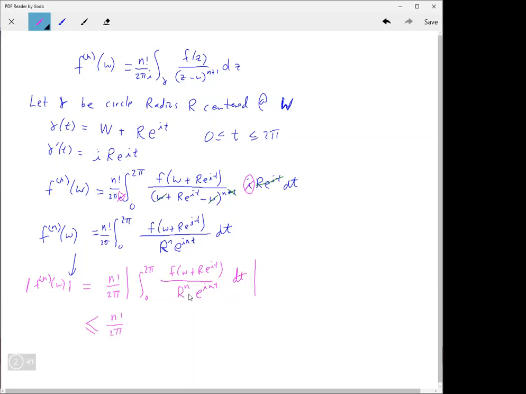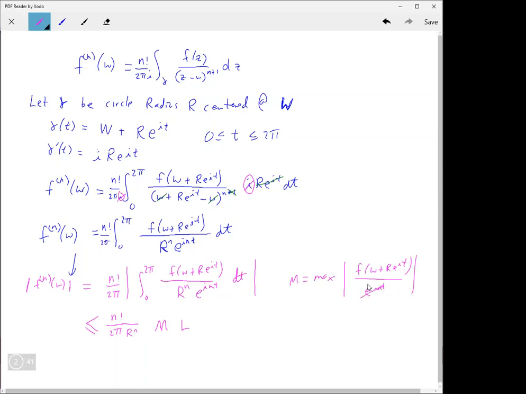Now we have this r to the n. This is just a constant, so that comes all the way out. And you have the ML inequality, where M was the maximum value of the modulus, so M is equal to the maximum of the modulus of f of w plus r e to the it over e to the int.